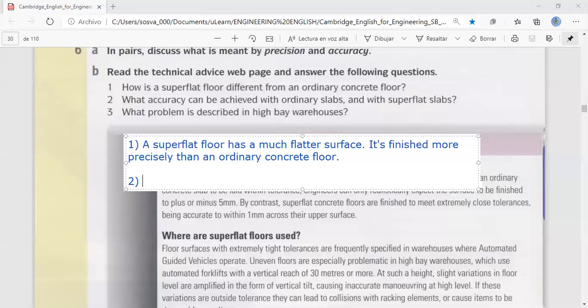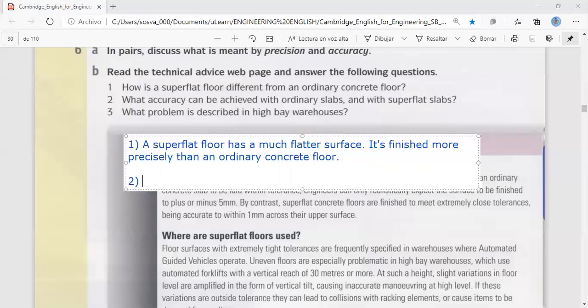Like something that is rough. Yeah, rough. Okay, good. The second question is: what accuracy can be achieved with ordinary slabs and with super flat slabs?